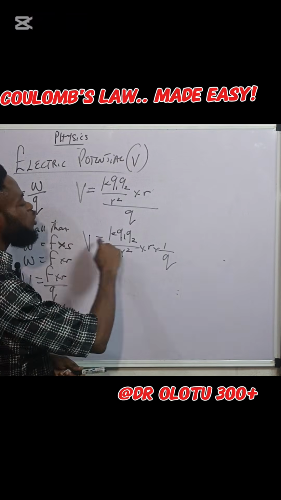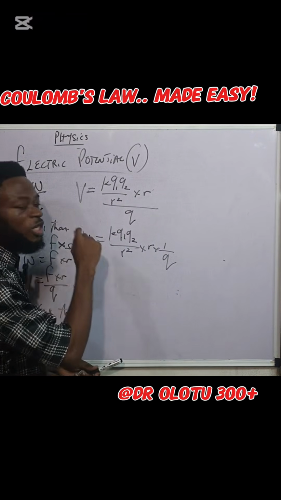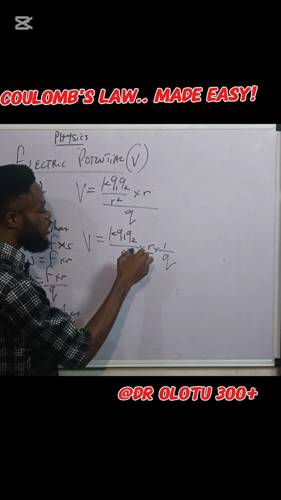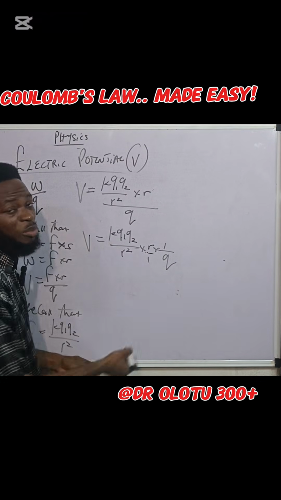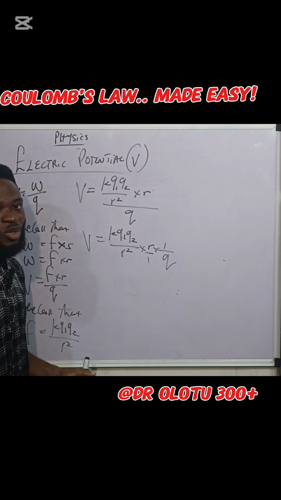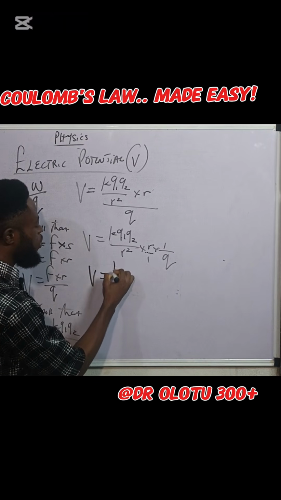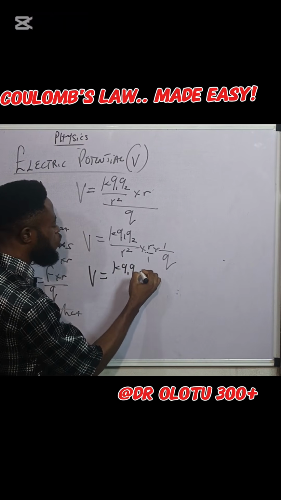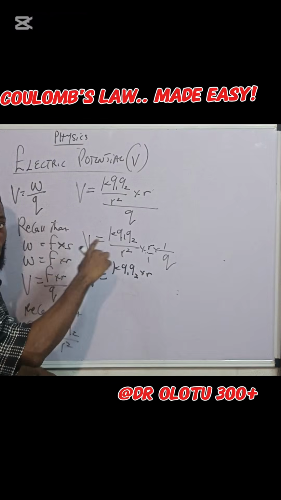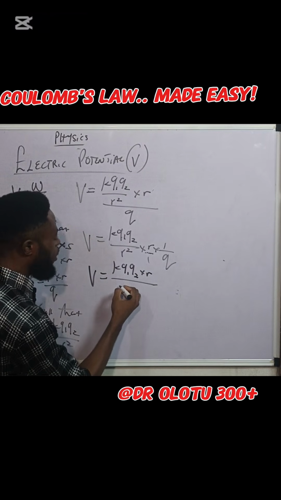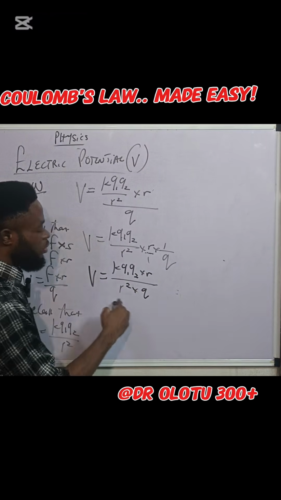Now, if I multiply the numerators and multiply the denominators, of course, you know this should have a visible 1. I can simply cancel out, but some persons might not understand what I'm doing, so I'll just multiply everything. V is equal to KQ1Q2 times R, numerators, over R square times Q, denominators.